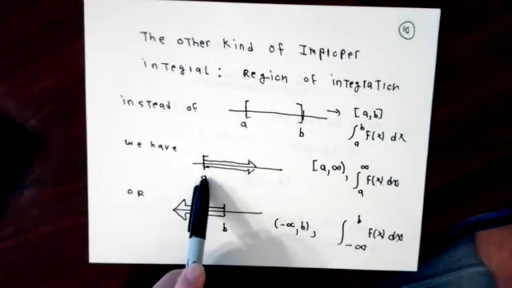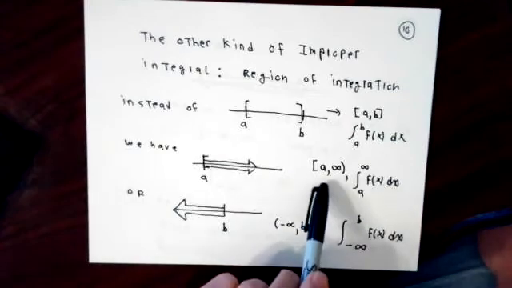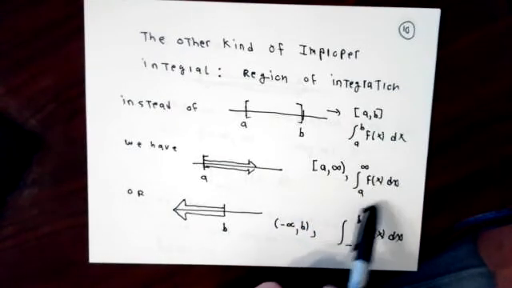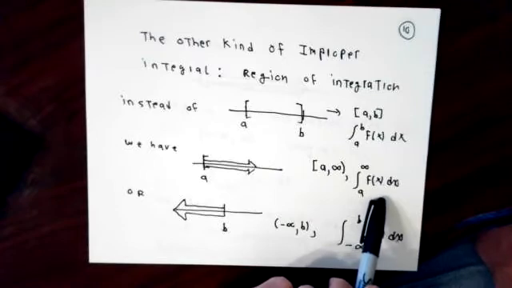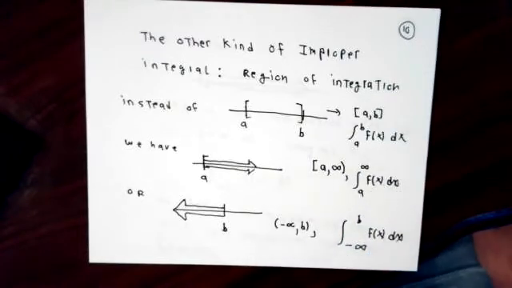We're going to start at some number a, and we want to include all x values that are to the right of a. The interval of integration would be a to infinity, and the type of integral we would look at would be integral from a to infinity f of x dx.